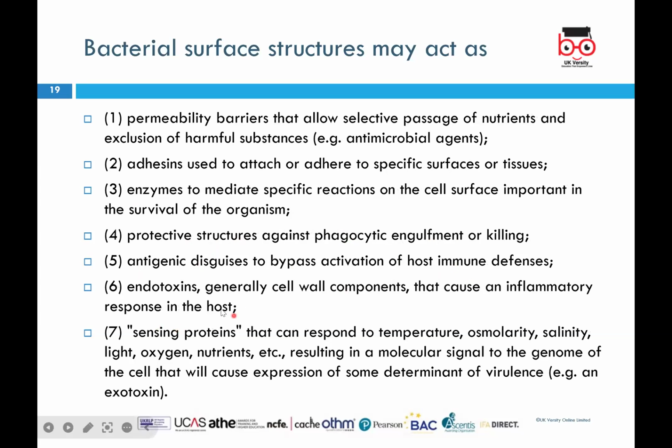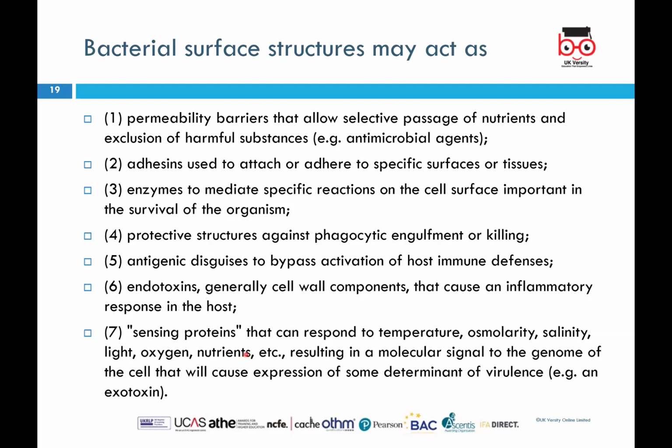Then there are endotoxins that are generally cell wall components that can cause an inflammatory response in the host. These are toxins or poisons within their cell wall, and they can cause inflammation or signs of infection, such as redness and pain in that place, as with an insect bite.